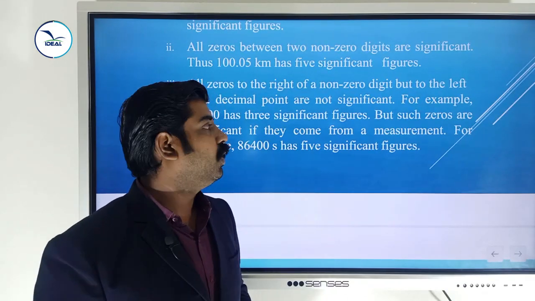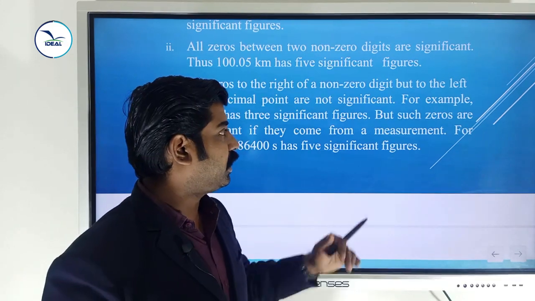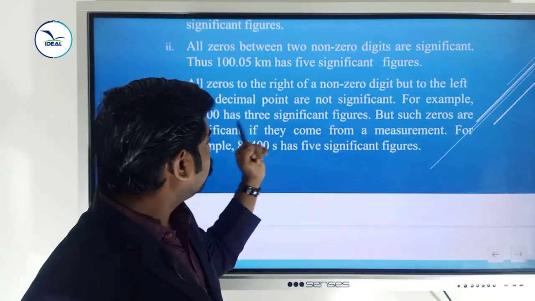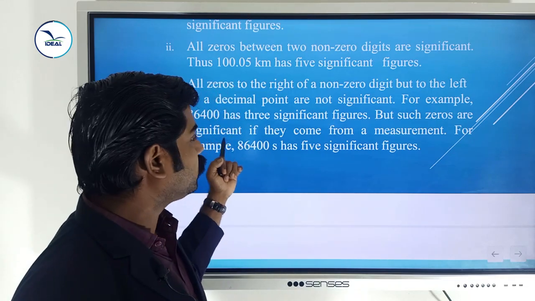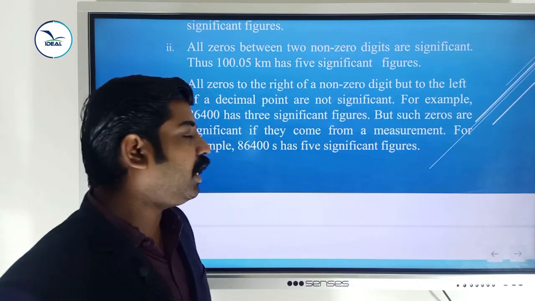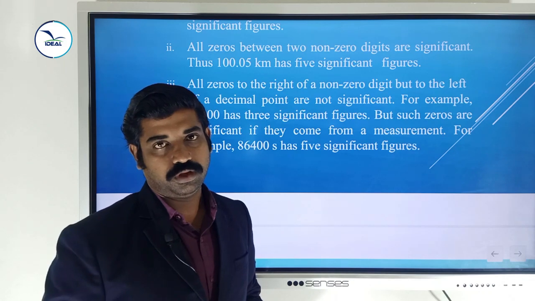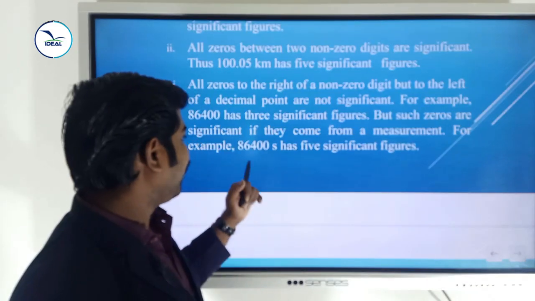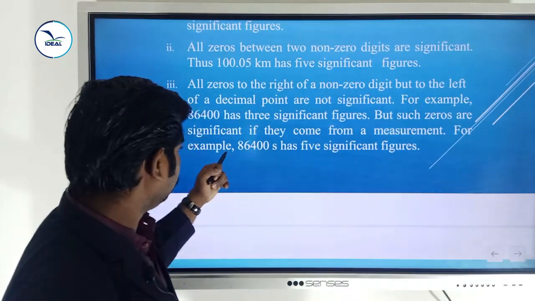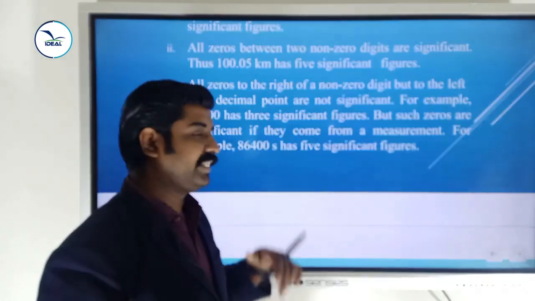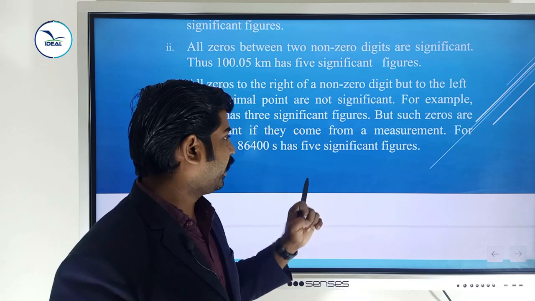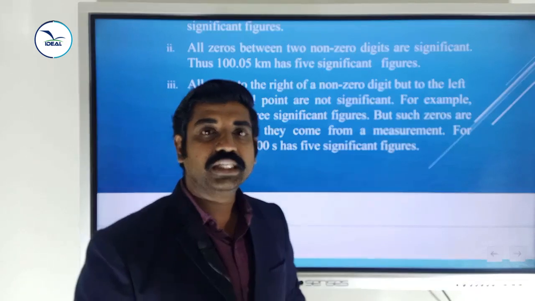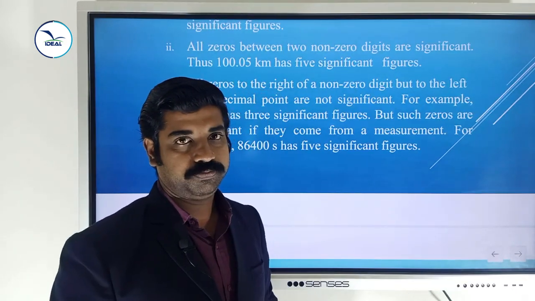But one more thing to remember: zeros may also be significant if we obtain the value from an actual measurement. For example, if it is 86400 second and it comes from an actual measurement, then we can say that there are 5 significant figures.